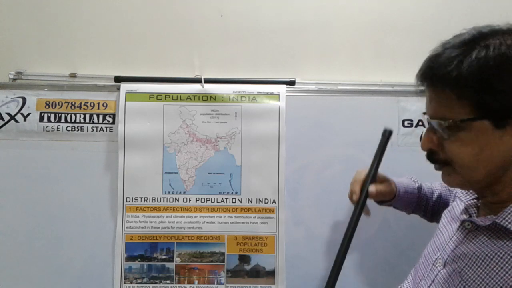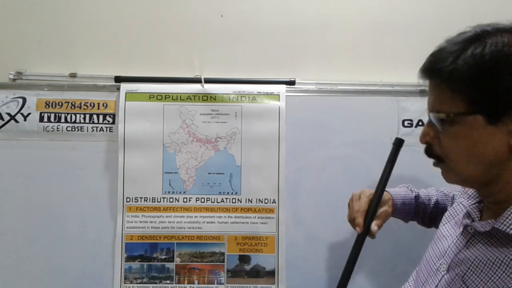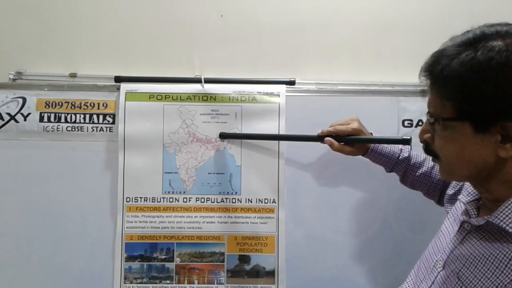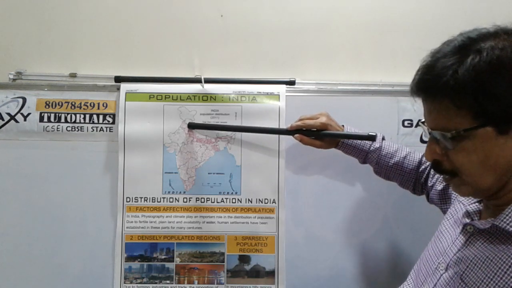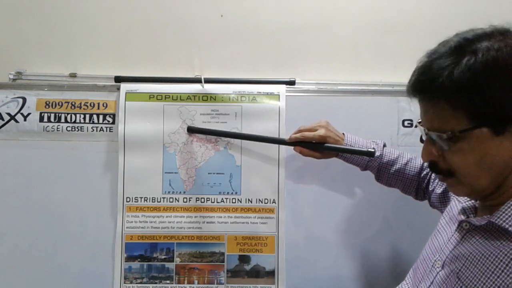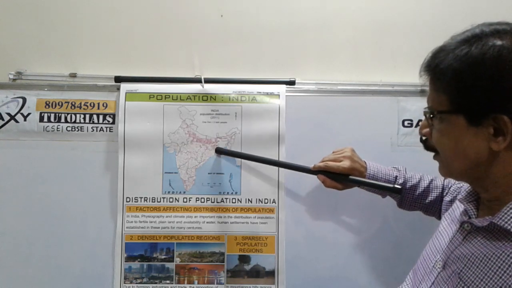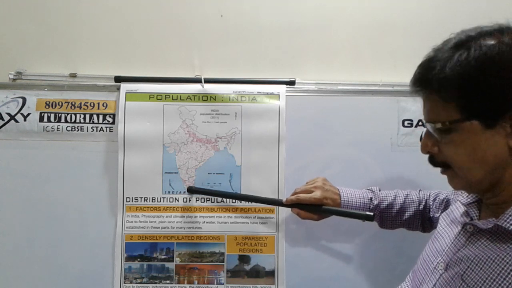Then areas where population is more than 500, 501 and above. This is the area with maximum dots. It starts from Punjab, then Delhi, Haryana, UP, Bihar, West Bengal, and again you can see Kerala in the south, Tamil Nadu.